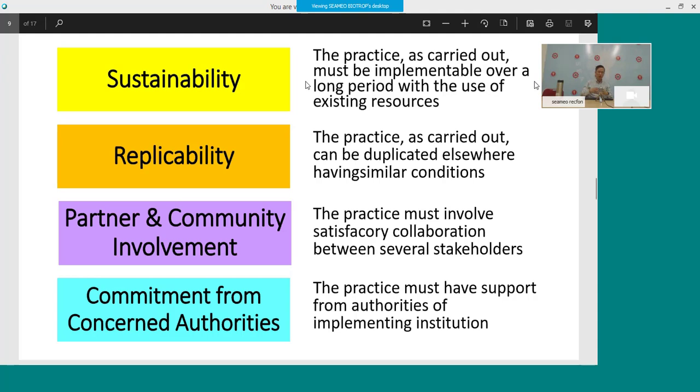That is a commitment. And if we have that as a best practice, then it will be something replicable.